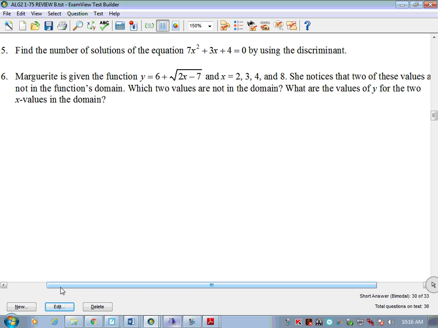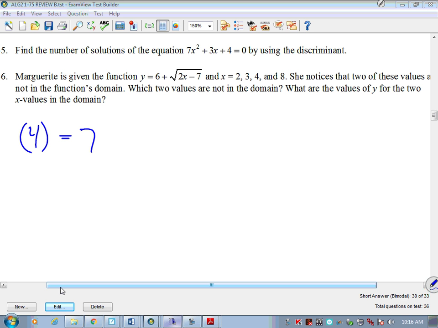Does that work? No. What about 2 times 4? 8. 8 minus 7 is 1. So 4 works. So what we're getting is 6 plus 1, because the square root of 1 is 1. So f of 4 equals what, 7?